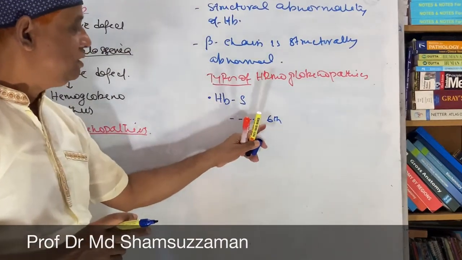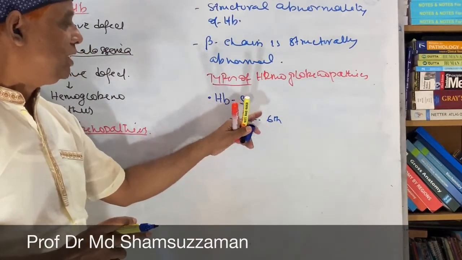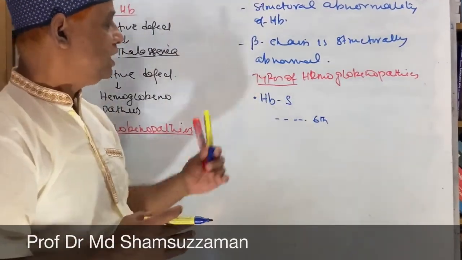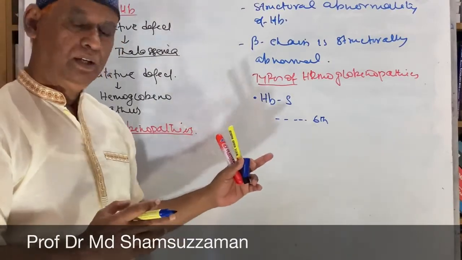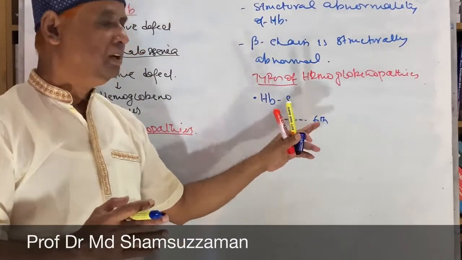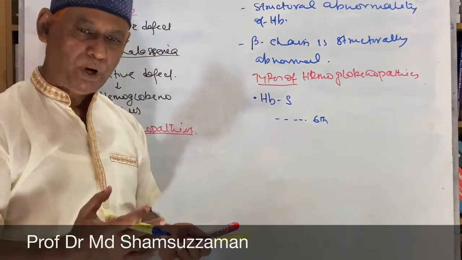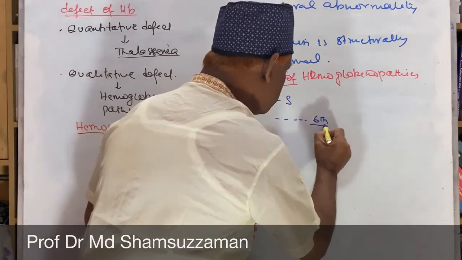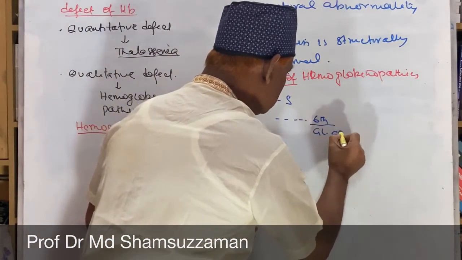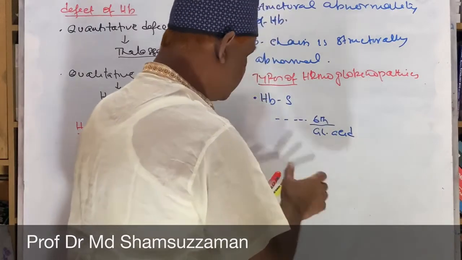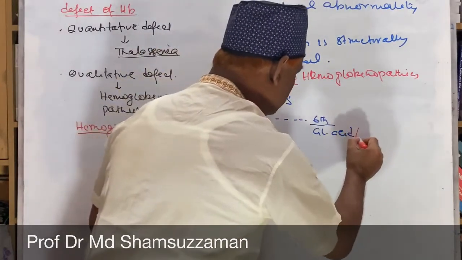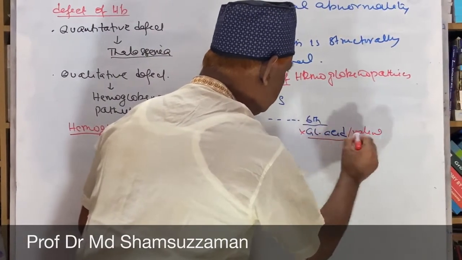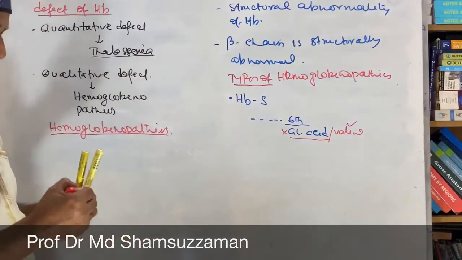If this glutamic acid is replaced by the amino acid valine, then it is called hemoglobin S.